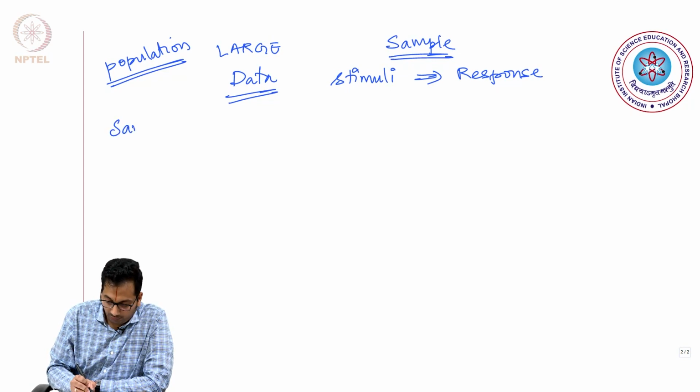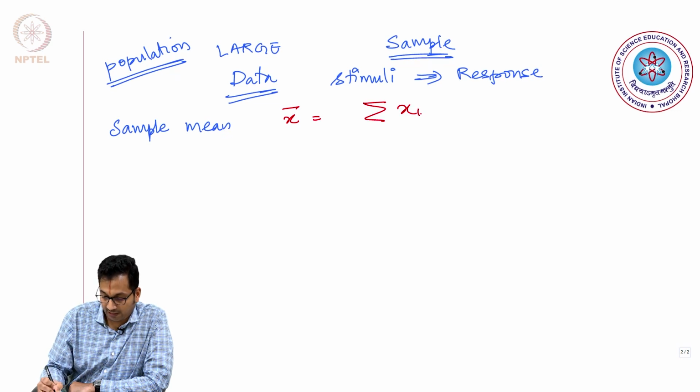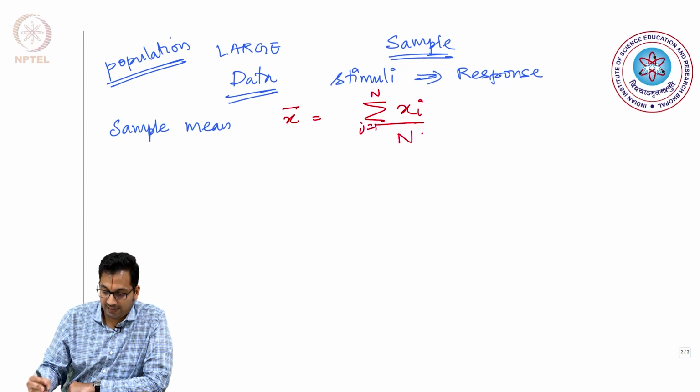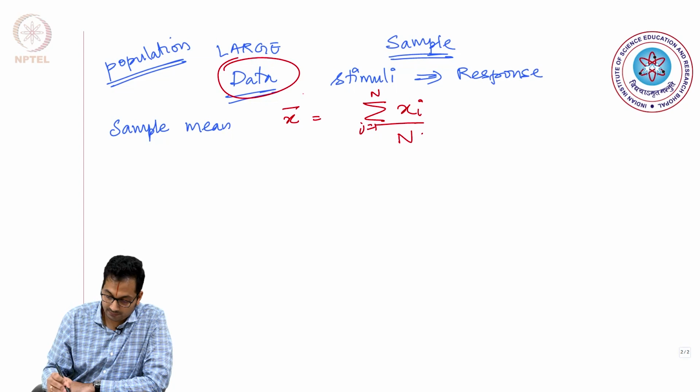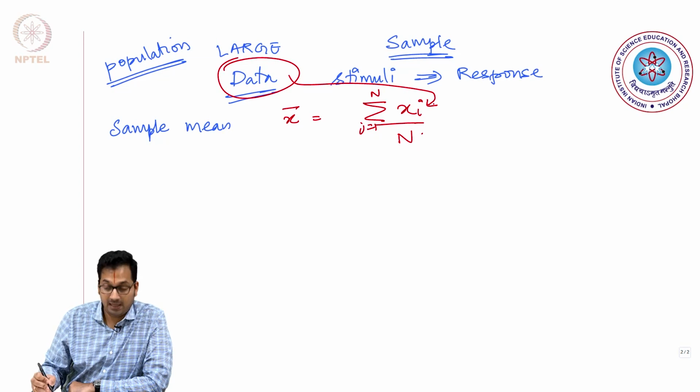We defined what the sample mean is. The sample mean was defined as x bar is equal to summation over xi divided by n, with i from 1 to n, where xi is the data and n is the total number of measurements.